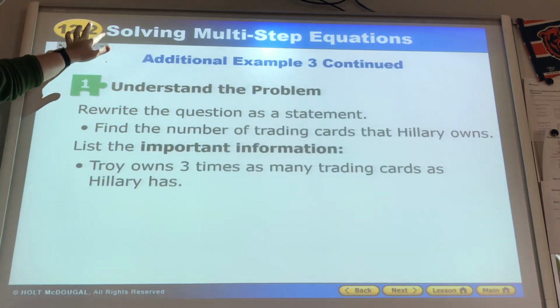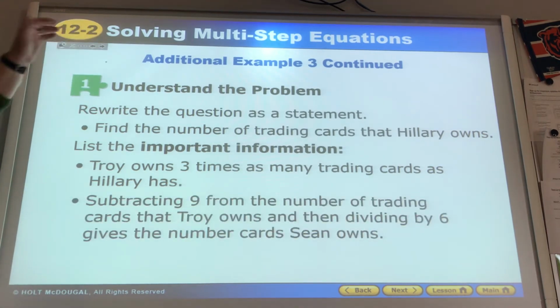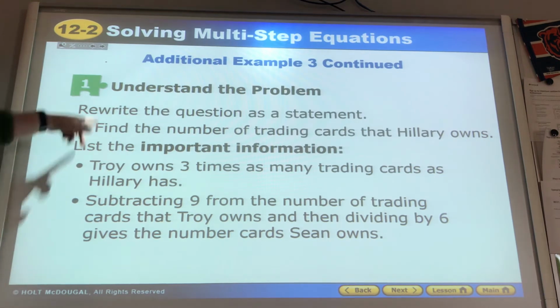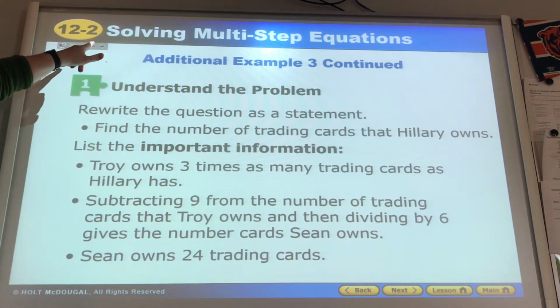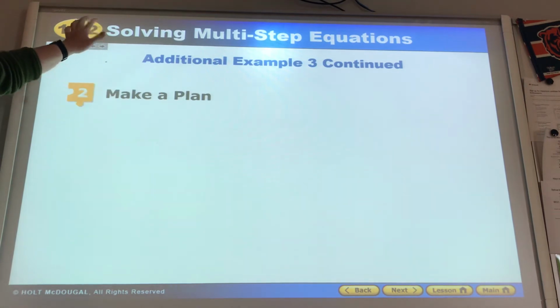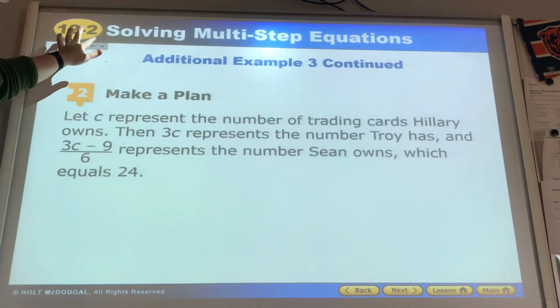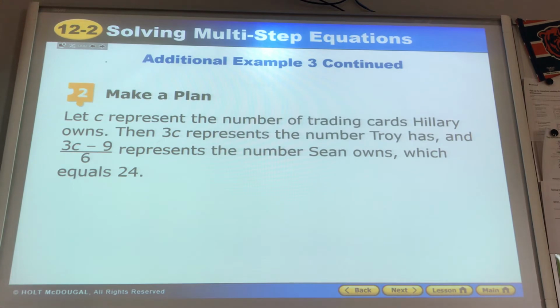Troy owns 3 times as many trading cards as Hillary. Subtracting 9 from the number of trading cards that Troy owns and then dividing by 6 gives the number of cards Sean owns. Sean owns 24. We know all that information. So this one is very in-depth and complex.